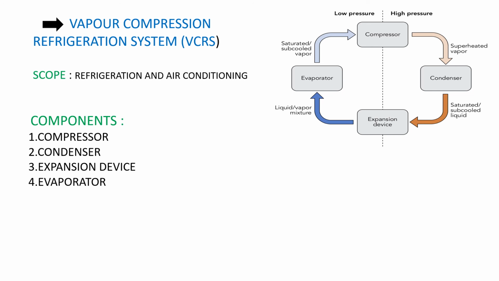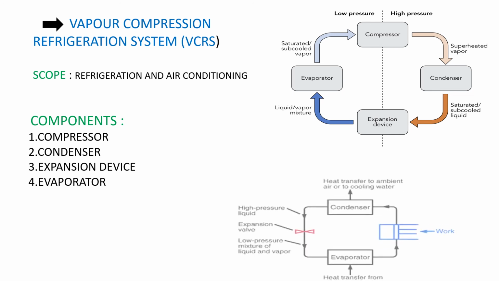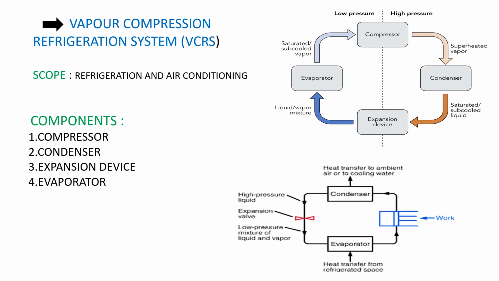In the case of refrigeration, all components are in the same refrigerator. So this is about the VCRS cycle. And the thing that I told you is that after adding work into the system, we are only transferring heat from the evaporator surroundings to the condenser surroundings. So this is about the air conditioning cycle, or we can say the VCRS cycle, vapor compression refrigeration system.